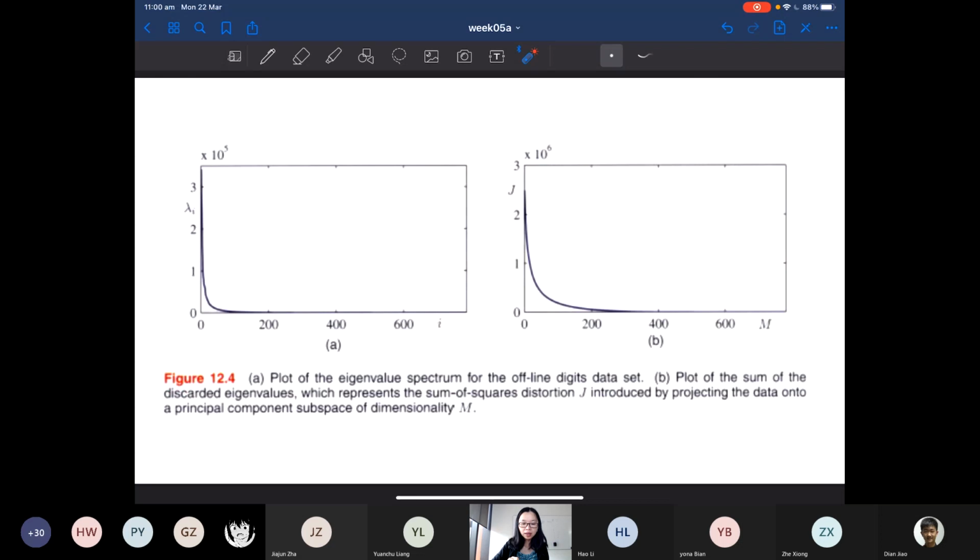Above about 100, the magnitude of these components is quite small. In fact, when we have a graph like this, the linear axis is not the best way to look at them. A log axis probably is, because here they might be small, but still a few thousand.